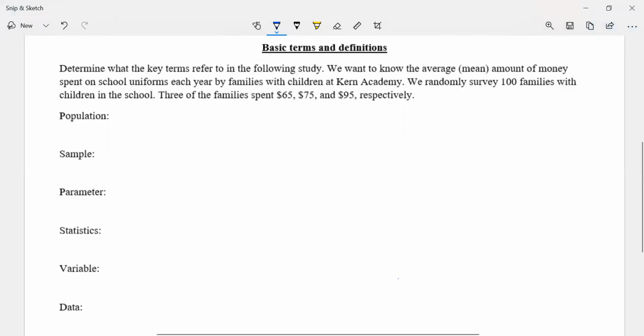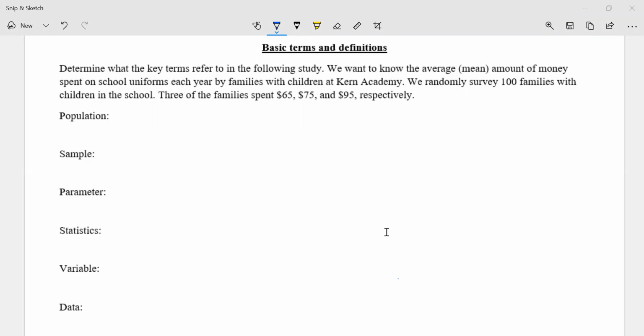Now, the last thing, the data. It's basically what results do I expect? According to our key terms, the definition of data, it's a set of observations. Most data can be put into groups. There's qualitative, quantitative, it could be discrete and continuous, but we're going to get into more detail on those words.